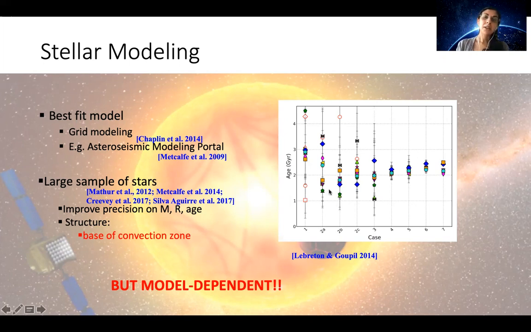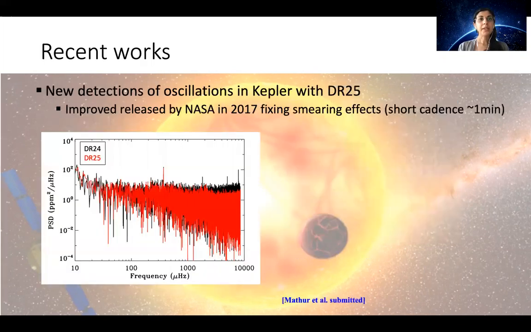So here we're using global seismic parameters, and then we were adding little by little individual frequencies. Of course, this is all model dependent, but when we do this, we also have access to the structure of the star, like the base of the convection zone.